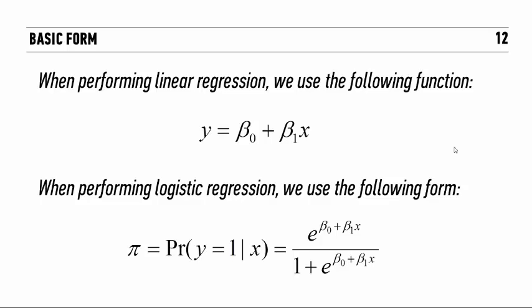Now, what is e? Can anyone tell me what e is in this case? 2.7 something? Is there a name for it? Natural log? Okay. It's probably one of the five most important numbers in the history of math. Which, by the way, today is Pi Day.